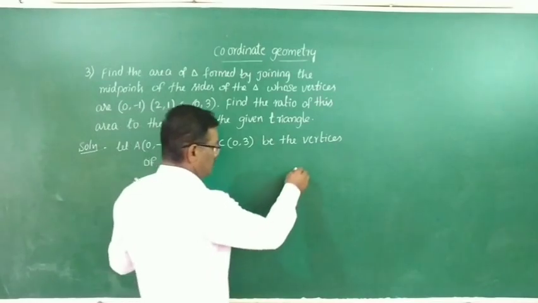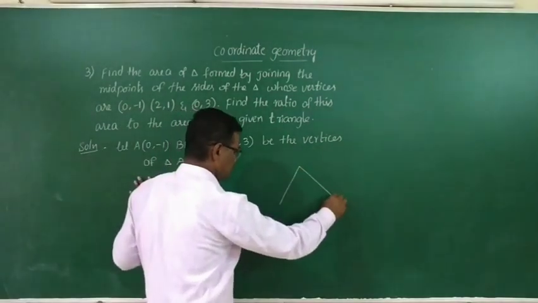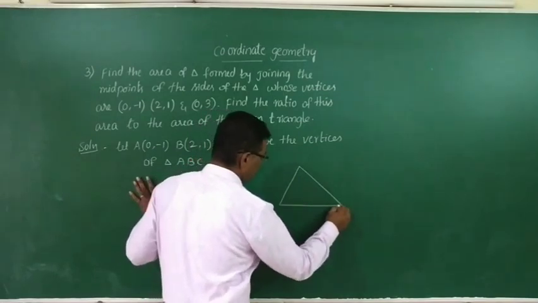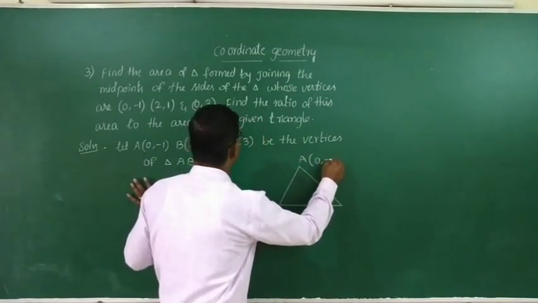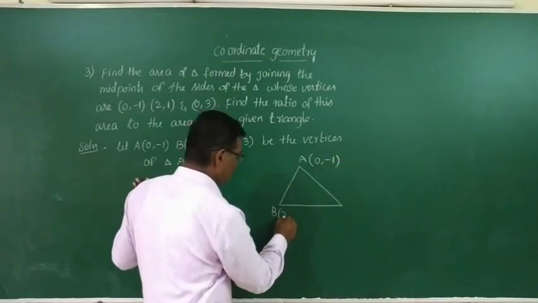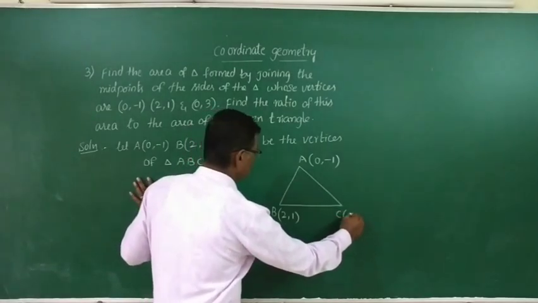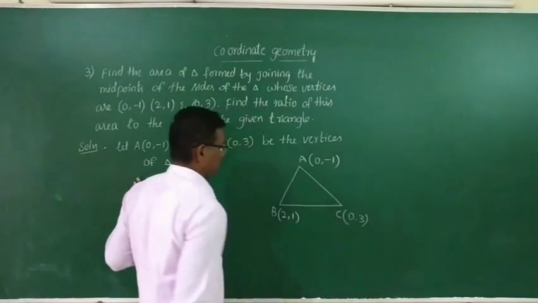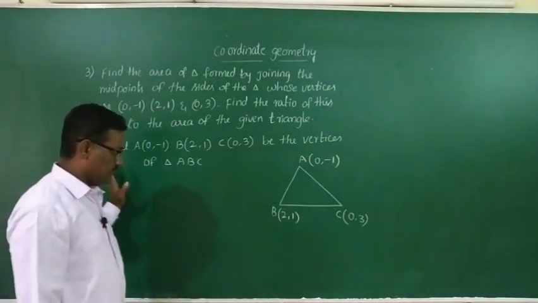Now observe here, I am going to draw a triangle. A 0, minus 1, B 2, 1, C 0, 3, right. These are the three vertices of triangle ABC.